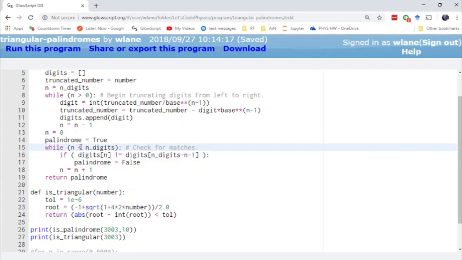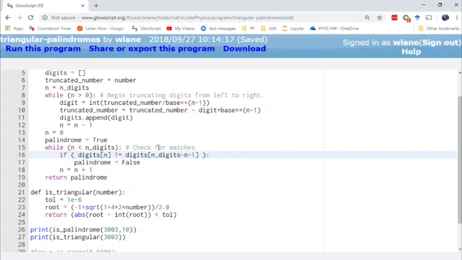We could loop downwards. It doesn't really matter. But we're going to loop up along n from n to n digits. And we're going to check for whether the current digit we're looking at is equal to the digit on the other side. So for example, if this is the leftmost digit, then I'm going to check it against the rightmost digit. If this is the second to left digit, I need to check it against the second to right digit.